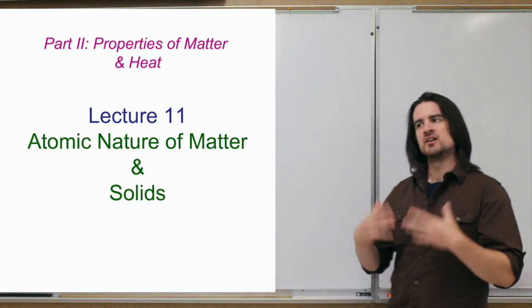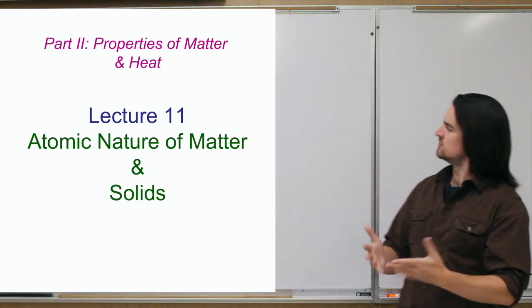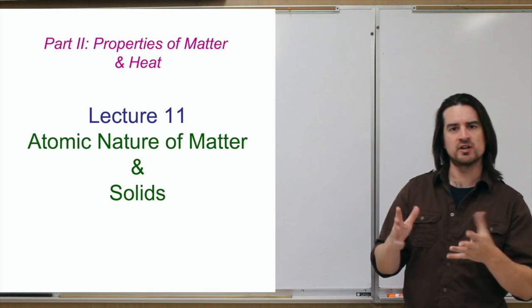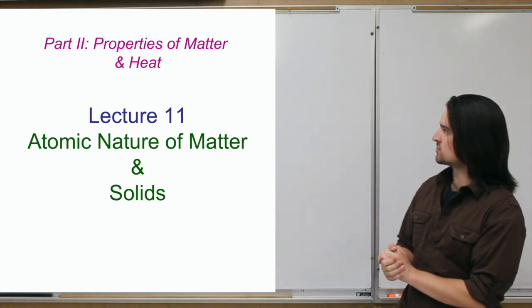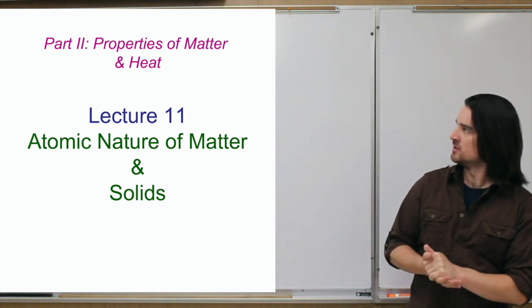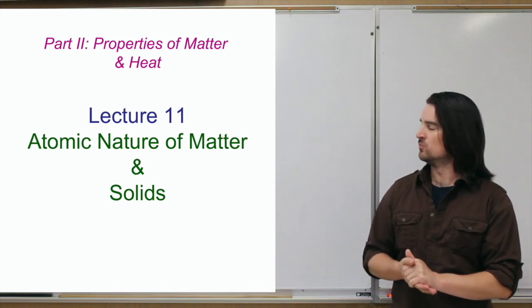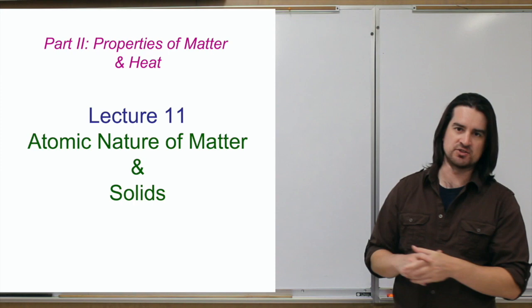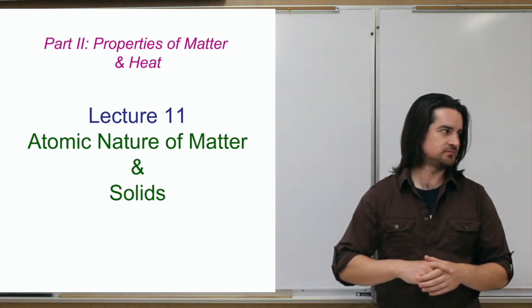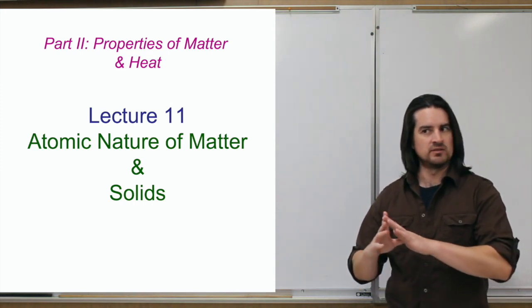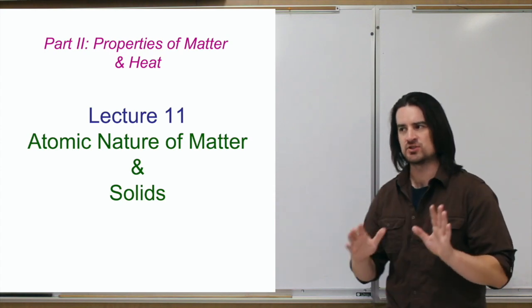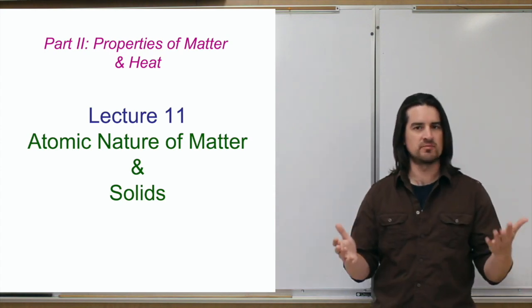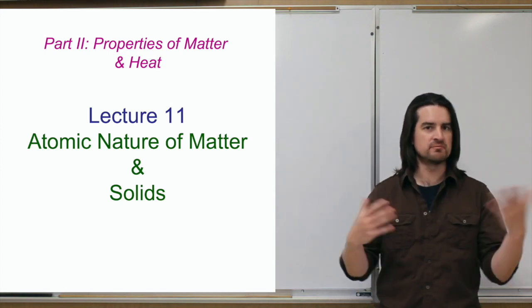But this is a new part of the course, and so it's a different sort of subject matter. In this part of the course, it's all about what matter is, what it's made up of, and particularly the atomic nature of matter. In the whole first part of the course, we just took it as, well, things that have mass are made of matter.